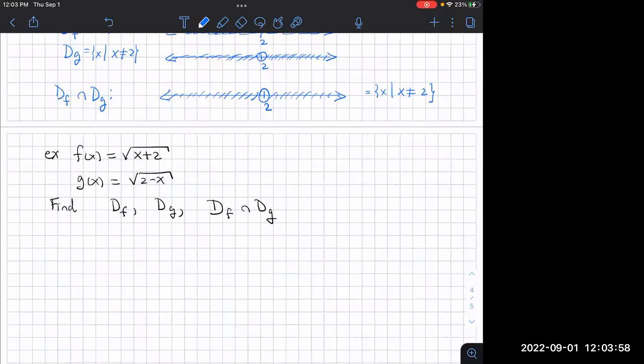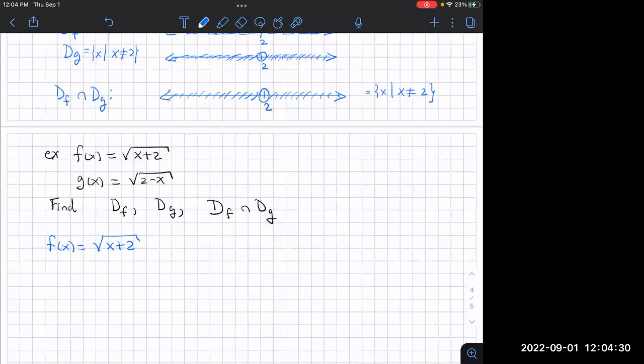Okay, so here's where we're looking for restrictions. So f of x equals the square root of x plus 2. Addition has no restrictions, so we concentrate on the square root. What is the restriction for the square root? Can you take square roots of any numbers? Can you take the square root of -4?